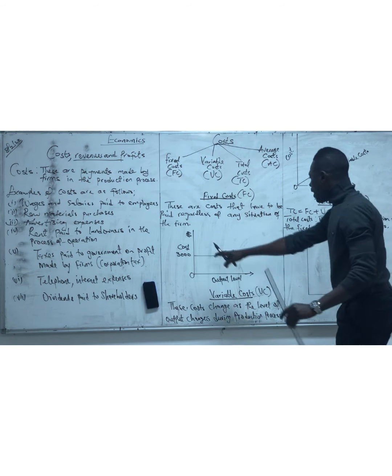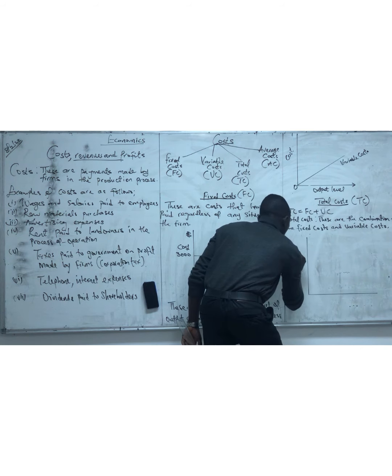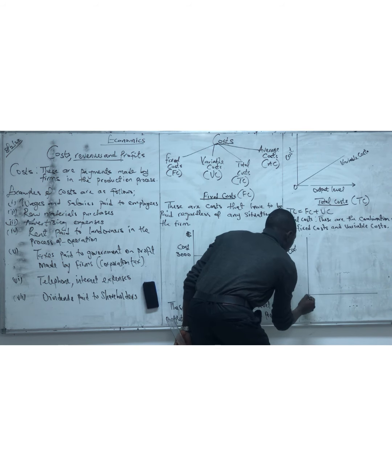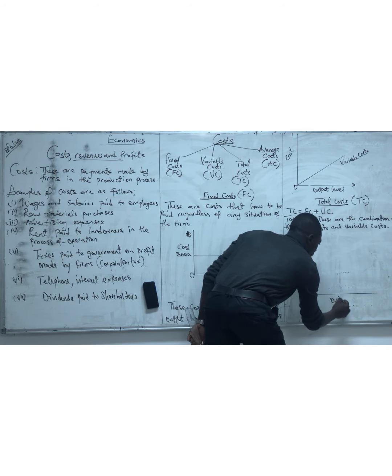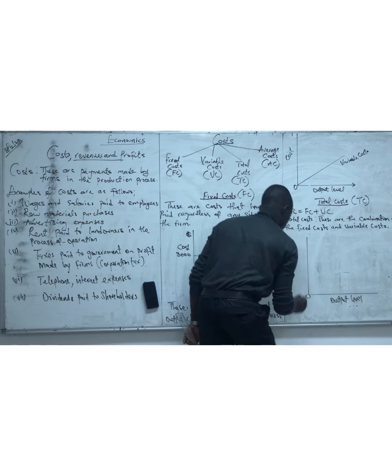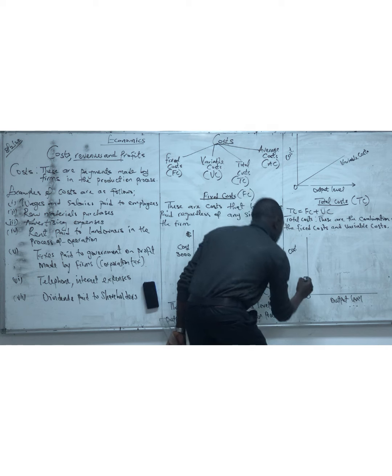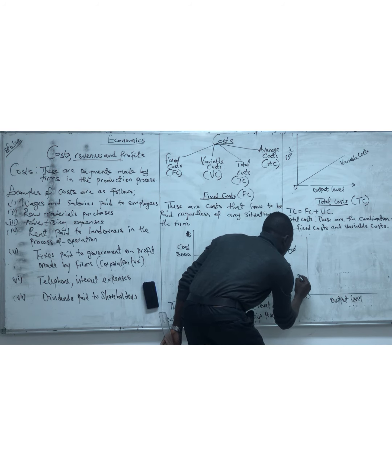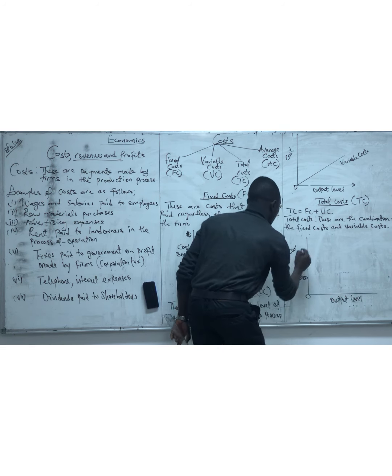So let's assume we have 3,000 as a cost. So this is cost, and this is output level. We have 3,000 here in dollars.